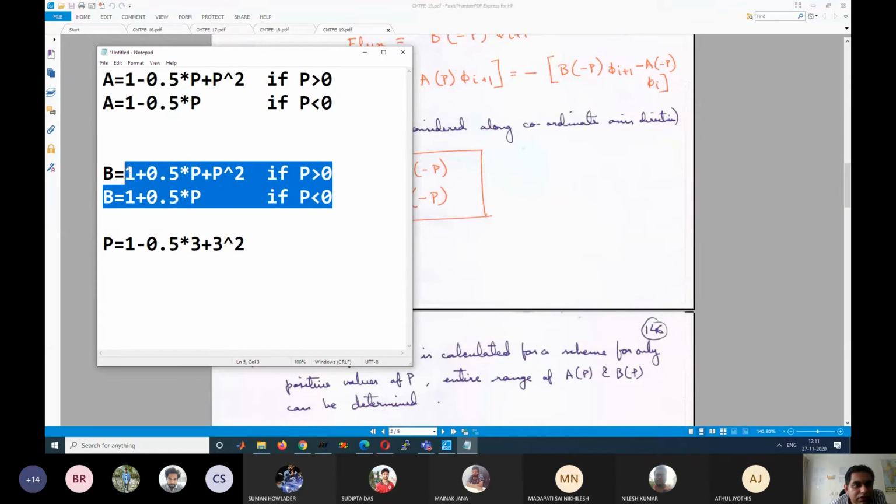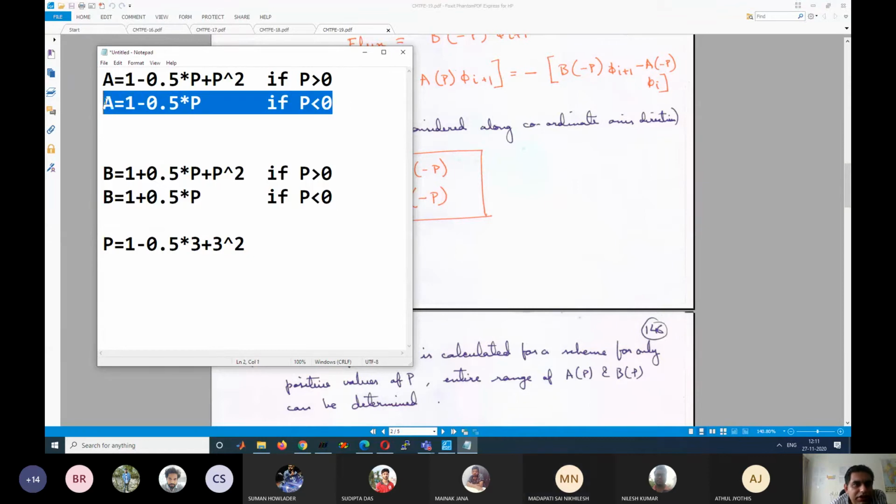If the scheme is correct, it may not be true for this, but if this is an actual scheme based on discretization, like the hybrid scheme or whatever, if you know this A value, you can always find the B value. So how will you find the B for the positive direction? Only for P greater than 0, I know the A values. So for P greater than 0, how will you find the B values?